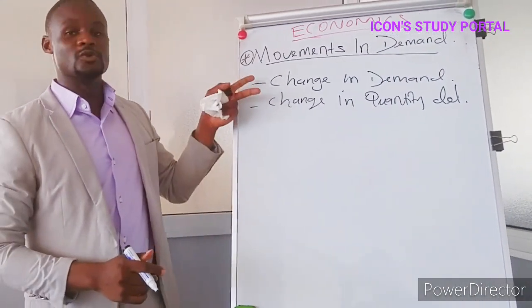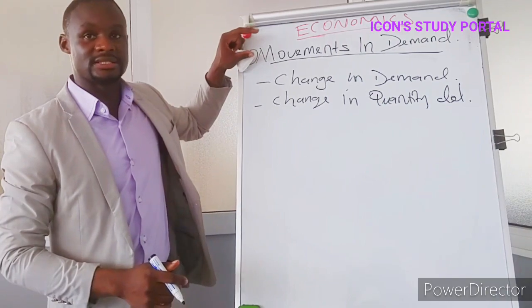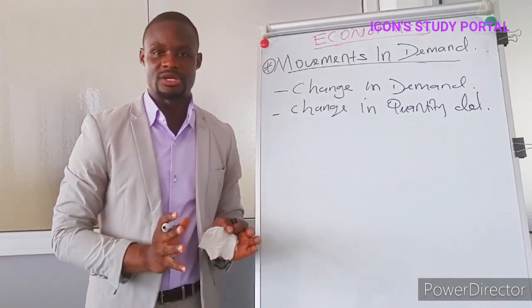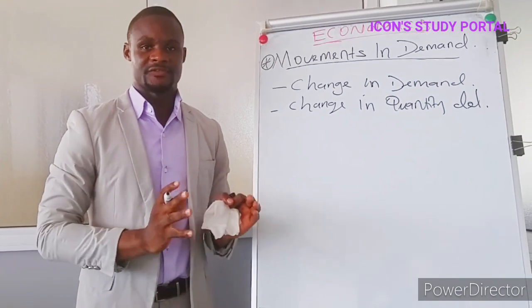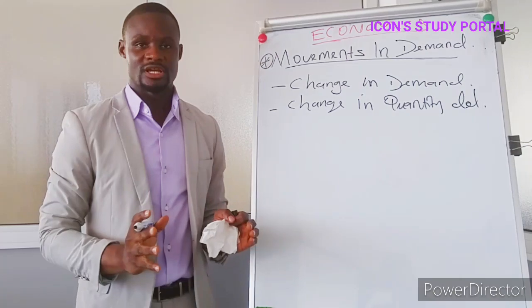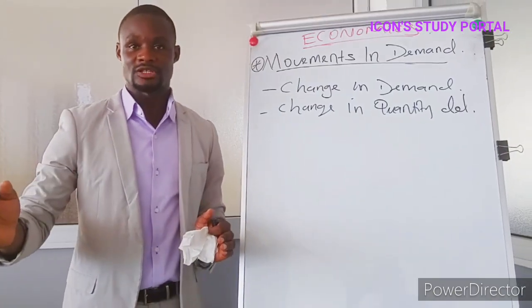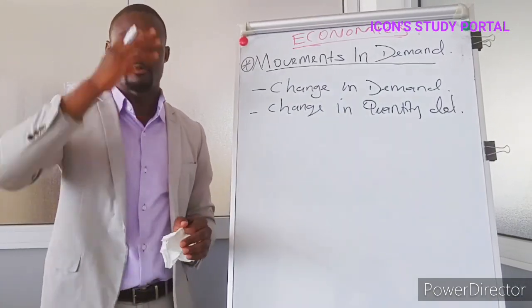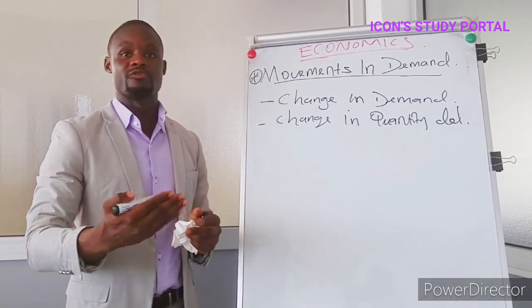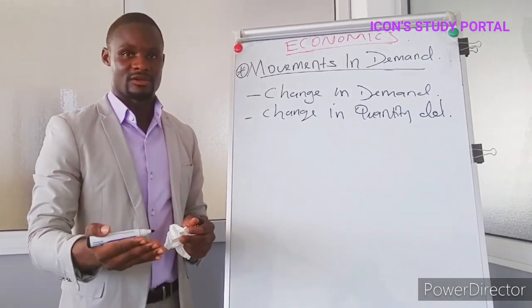Those are the two variables under the movements in demand. The movements in demand simply has to do with the different ways through which the demand curve can move its position. It can either move rightward or leftward. It can move upward or downward. Those are the various movements in the demand curve.